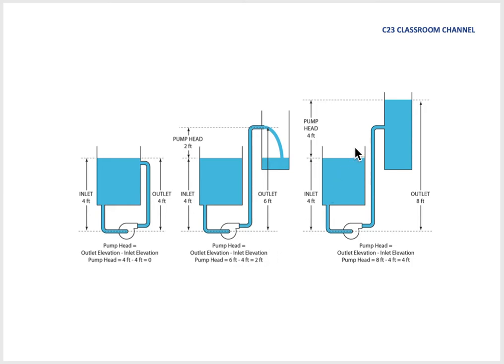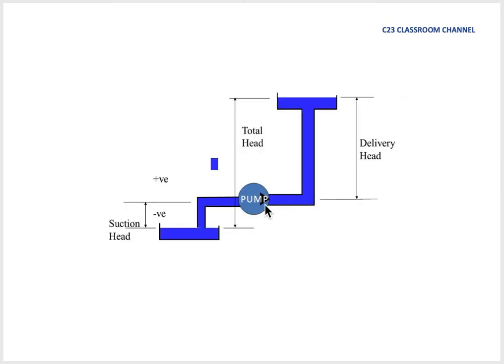And then, as you can see here, this is the suction water level, the inlet water level, and then the pump is capable of bringing water until 8 feet here. That means it leaves around 4 feet here, so the pump head will equal 4 feet. So this is the idea.